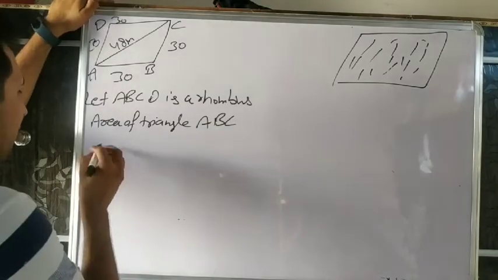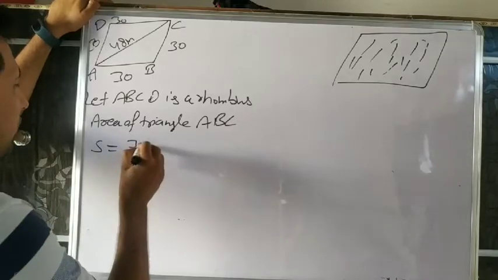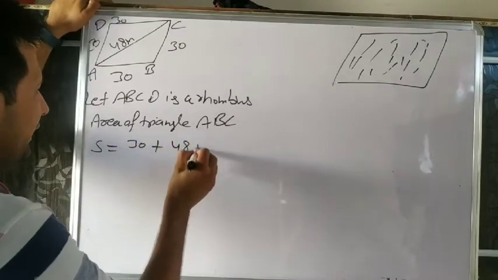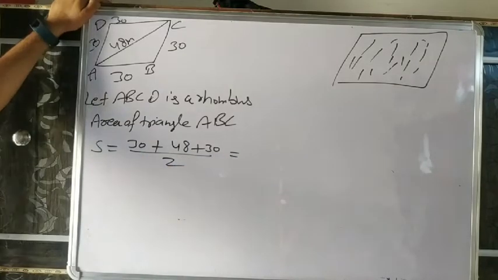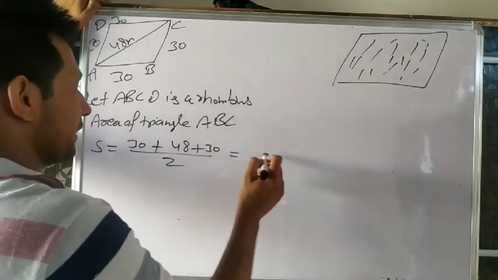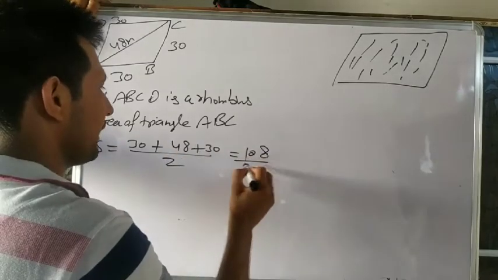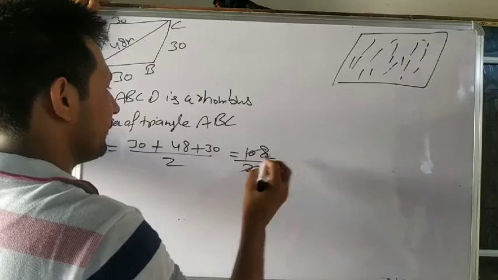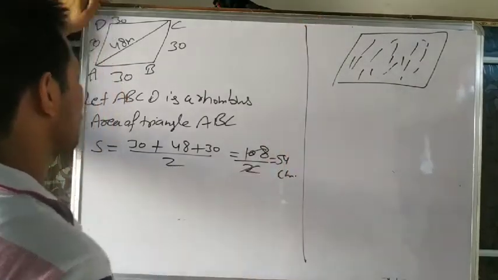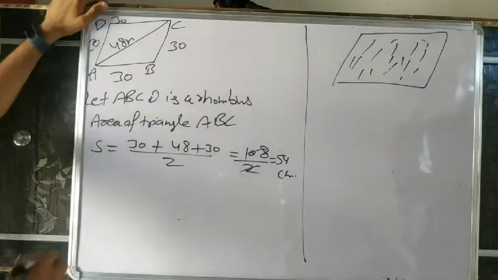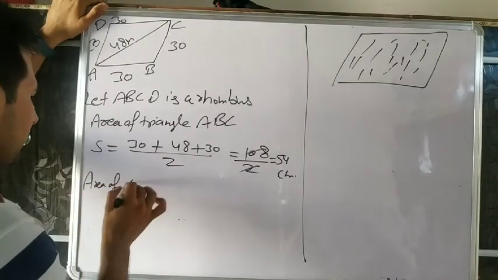First we will find S, the semi-perimeter: sum of all three sides divided by 2. 48 plus 30 is 78, plus 30 is 108, divided by 2. How much? 54 centimeter. So the semi-perimeter of one triangle is 54 centimeter.